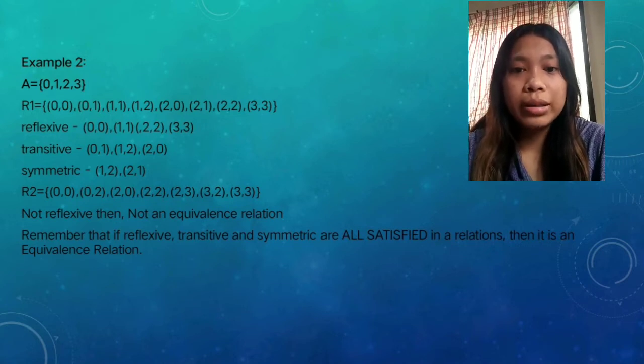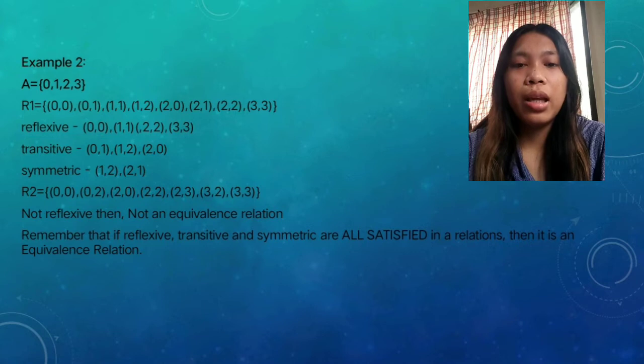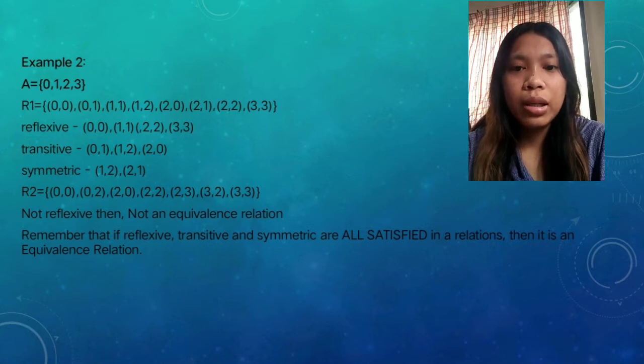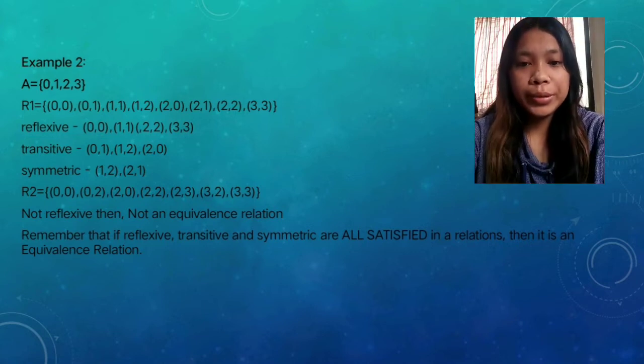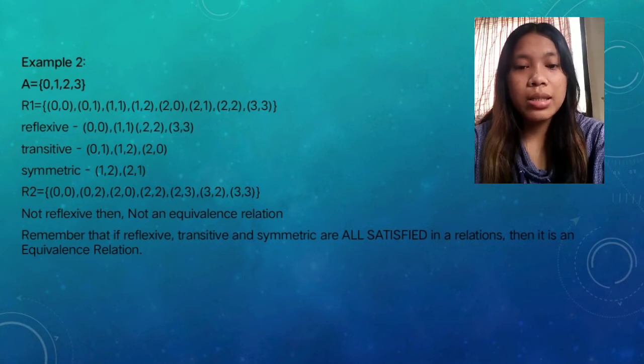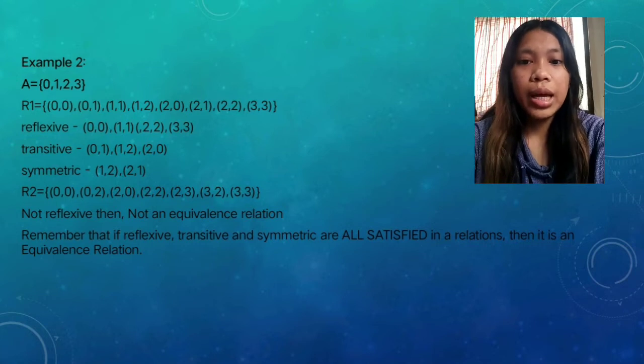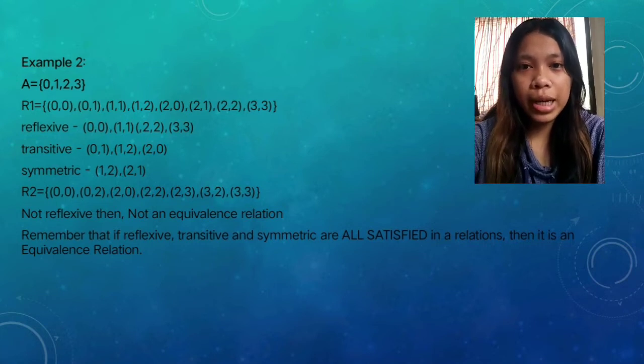So it is not reflexive, then it is not an equivalence relation. Always remember that if reflexive, transitive, and symmetric are all satisfied in a relation, then it is an equivalence relation.